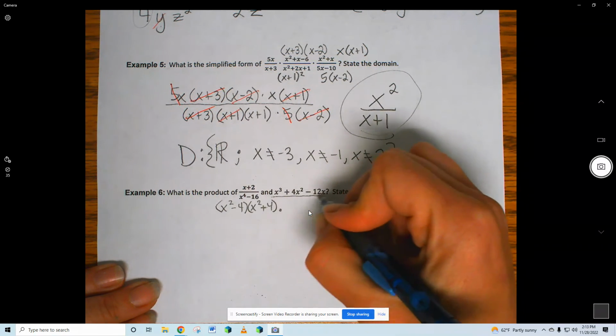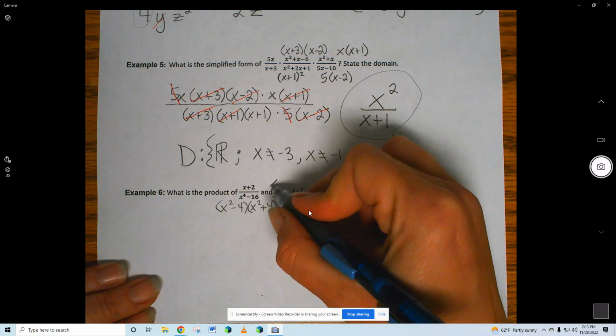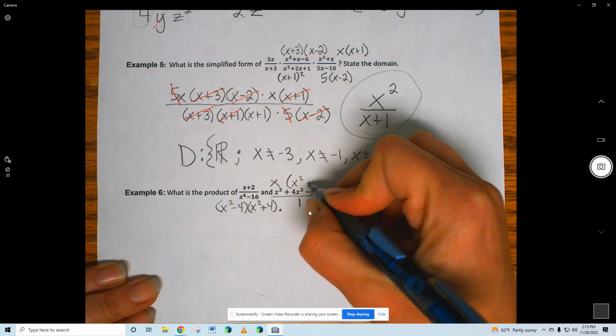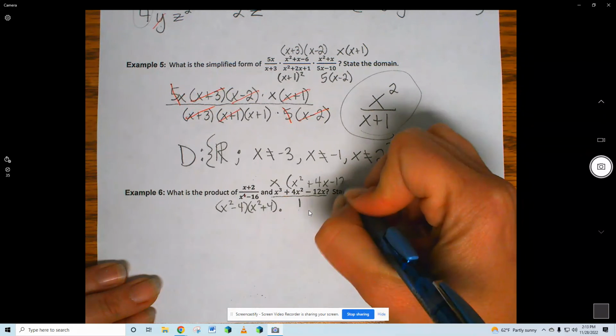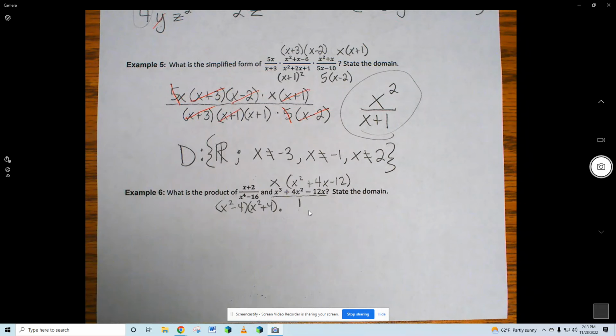This is going to be x cubed plus 4x squared minus 12x over 1, right? That's in the numerator. So here's what I got. I'm going to have to factor the top. I have a difference of squares in the denominator.